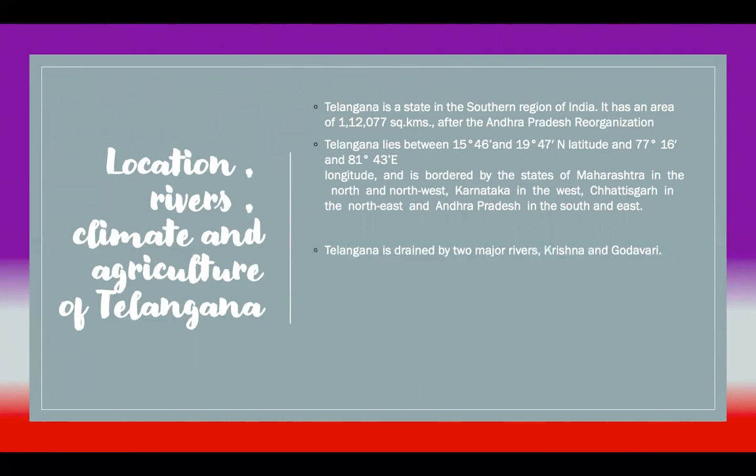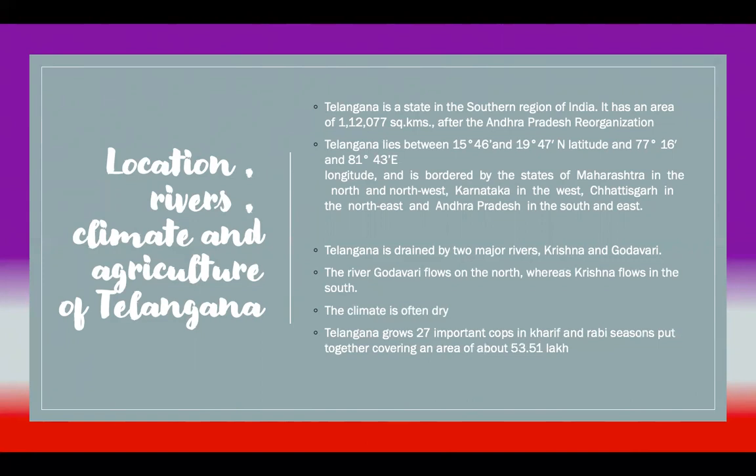Telangana is drained by two major rivers, Krishna and Godavari. The river Godavari flows in the north, whereas Krishna flows in the south. The climate there is often dry. Telangana grows 27 important crops in the Kharif and Rabi seasons, together covering an area of about 53.51 lakh hectares.